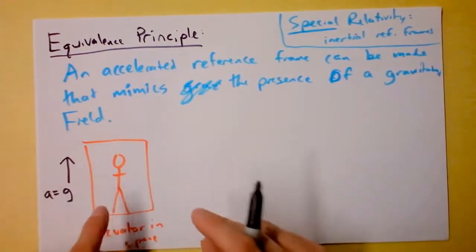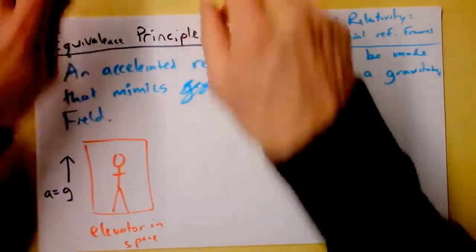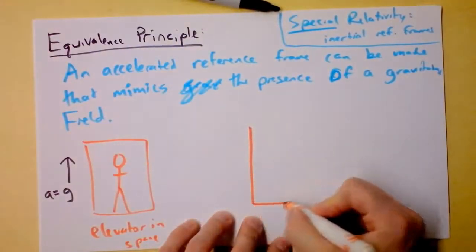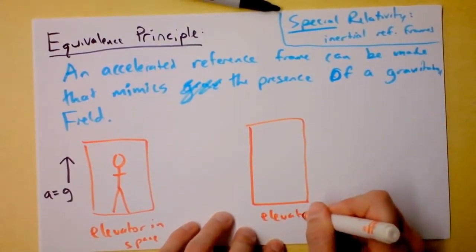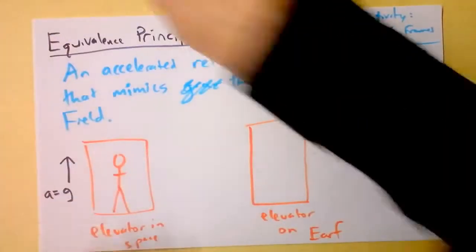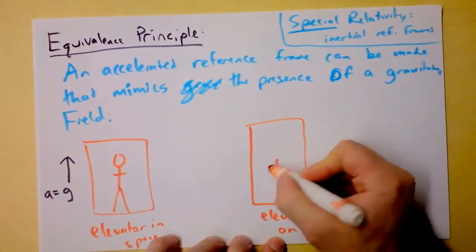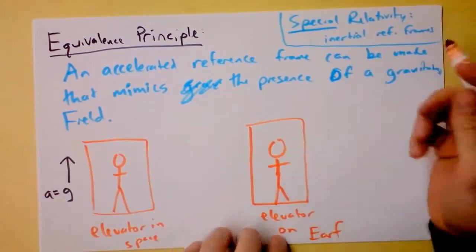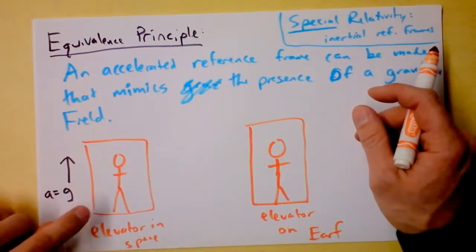The cool thing about this is this elevator in space that's accelerating upward at baby g is exactly indistinguishable from this elevator that's on the ground. If it's sitting here on Earth and you are inside of this elevator, you frankly cannot tell whether you're in a closed box on Earth or you're in an elevator in space.